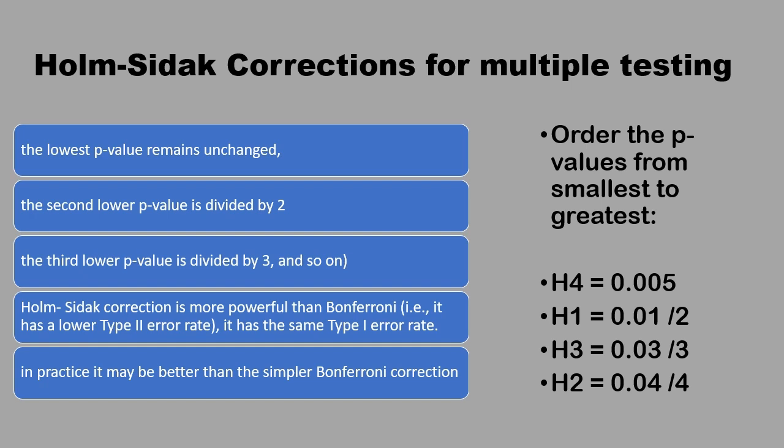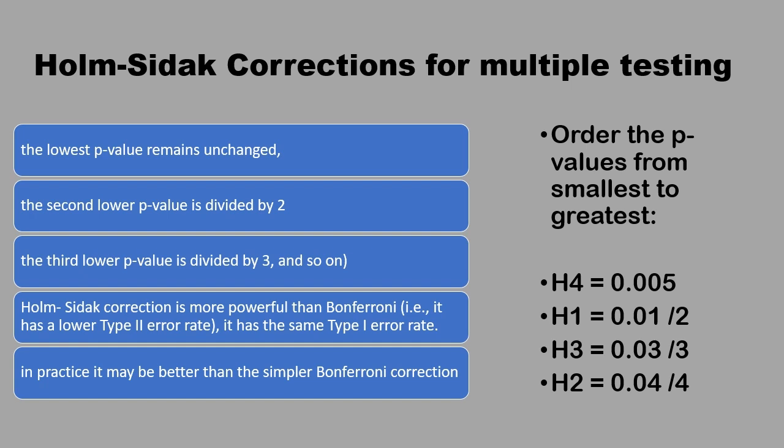Now you rank these 4 different p-values in ascending order, starting from the smallest p-value you have obtained, in this example 0.005, to the largest, which is 0.04. Now, in the Bonferroni technique, you would divide all of these p-values individually by 4, the number of tests you have done. So you obtain a different p-value for each of these 4 tests.